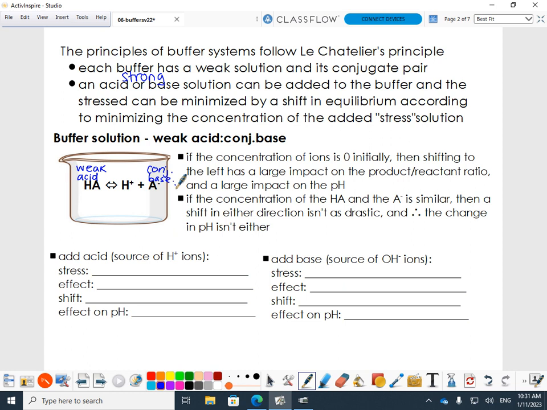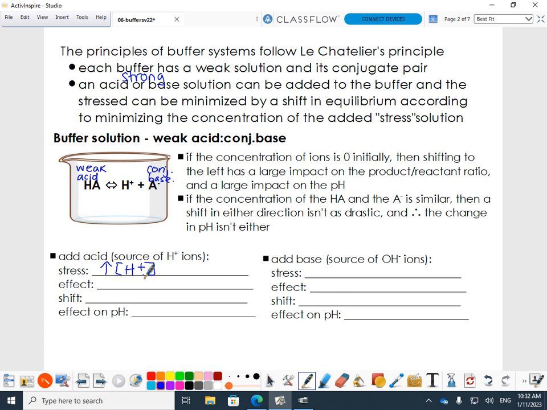Okay, so if we add acid, which is a source of hydrogen ions, then that is going to be the stress. You're increasing the hydrogen ion concentration. So for the effect, it's the same Le Chatelier's principle, so write the effect however you did it before.